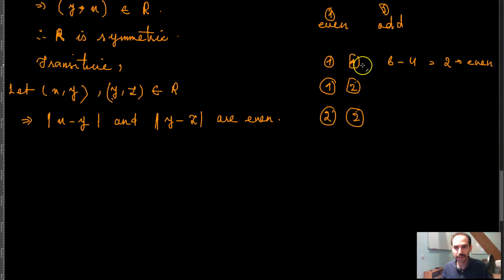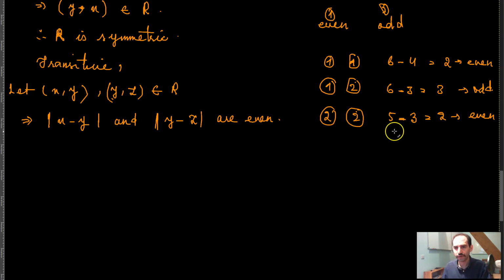Let's subtract an odd number from an even number. For example, 6 minus 3 is equal to 3, which is an odd number. And let's subtract an odd number from an odd number. For example, 5 minus 3 is equal to 2, which is an even number. You can produce more examples here.